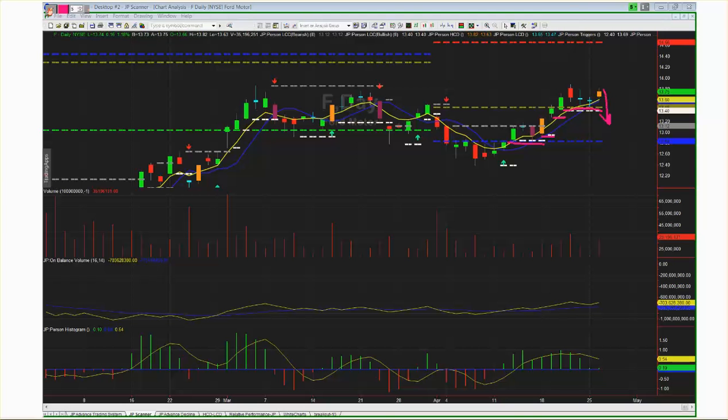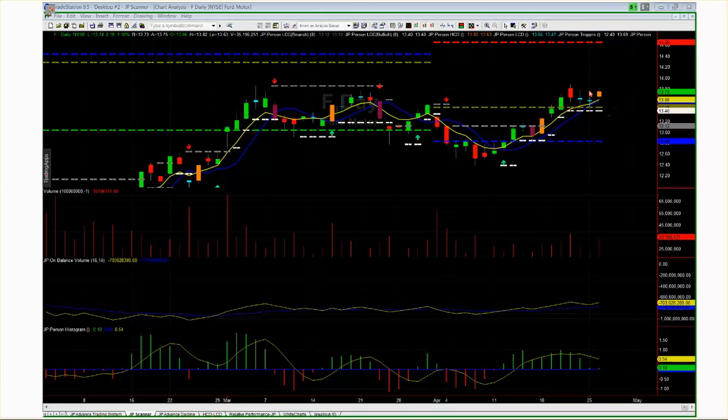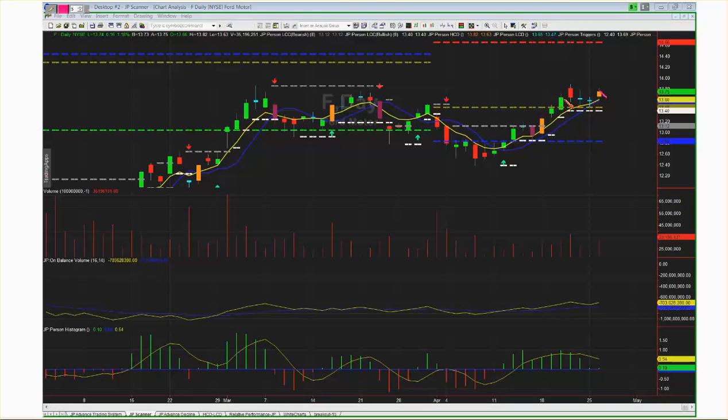So Ford, by the way, needs to defend and take out the highs or continue up and not take out 1340. So for tomorrow, if we were fortunate enough to get a little bit of a pullback in Ford, somewhere in between 55, 60, something like that, as long as it does not take out that 1340 handle, we have a shot that it could see a continuation to the upside.